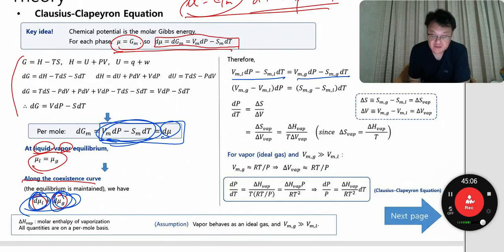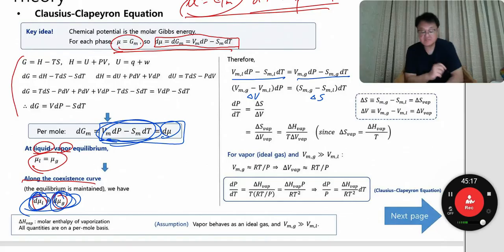Rearranging, it becomes like this, and this is delta V, the volume difference between gas and liquid, and delta S, the entropy difference between gas and liquid. So delta S is how much the entropy changes for vaporization, and delta V is how much the volume changes for vaporization.